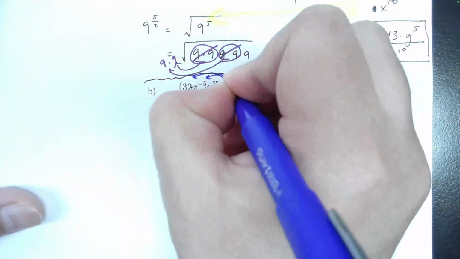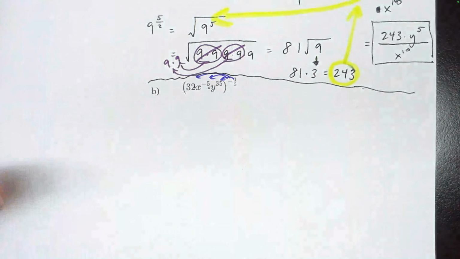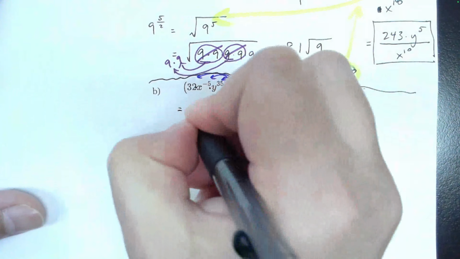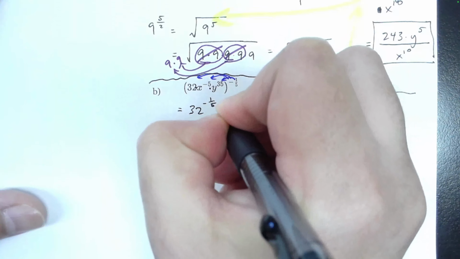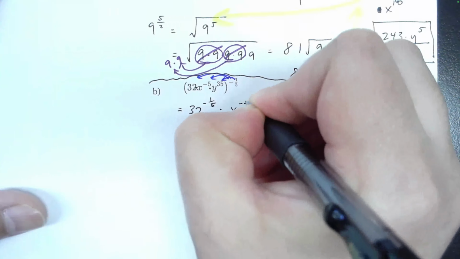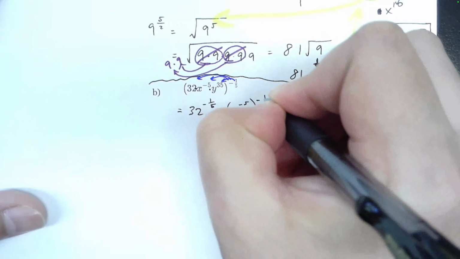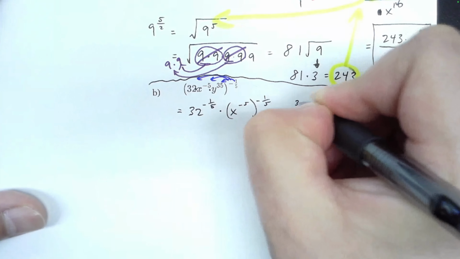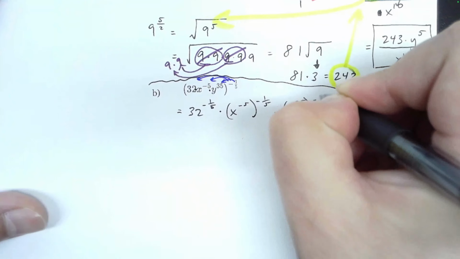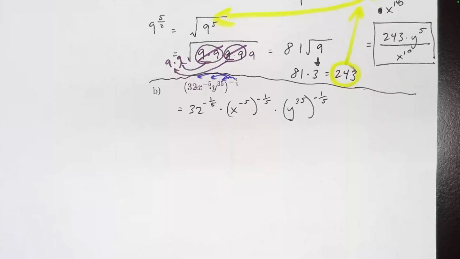Power, power, power. So it's going to be 32 to the negative 1/5 power, x to the negative 5 to the negative 1/5 power, y to the 35 to the negative 1/5 power.